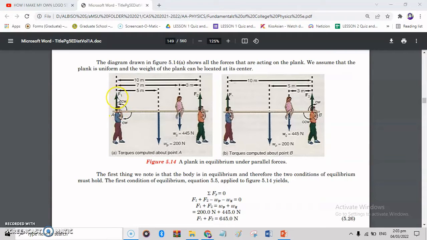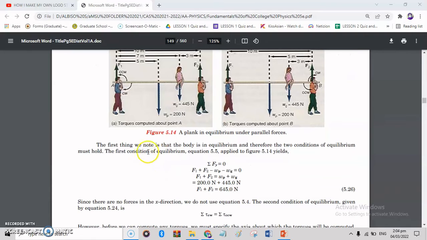Kasi yan yung force na ini-exert niya doon sa plank and doon sa bigat ni girl. So, there's this F1. And then, yung distances niya is 5 meter. And then, may 7. And then, may 10. Okay? And then, kapag dito naman tayo sa torques computed about point B, sa kabila, merong 3, merong 5, at merong 10. So, kung saan ka nagbe-base ng point, doon ka magsisimula ng counting para doon sa mga forces.